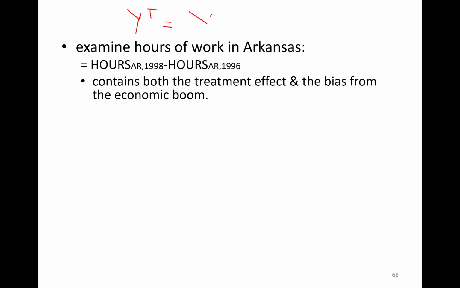You have the outcome in the treatment group after, minus the outcome in the treatment group before. So this is the first part of the treatment outcome changes, the first part of the estimator. So examine hours: hours, treatment group, Arkansas, after, minus treatment group, Arkansas, outcome hours, before.